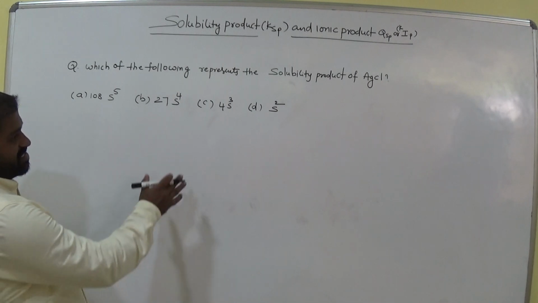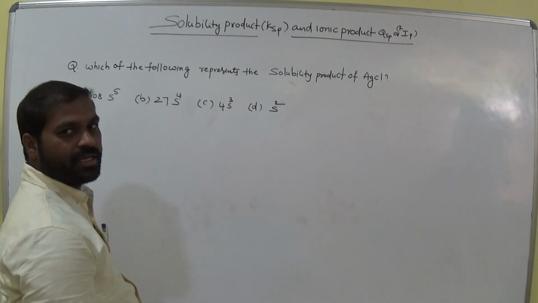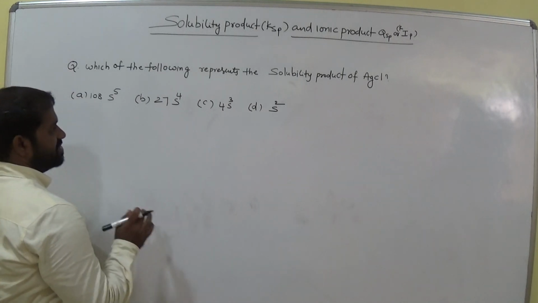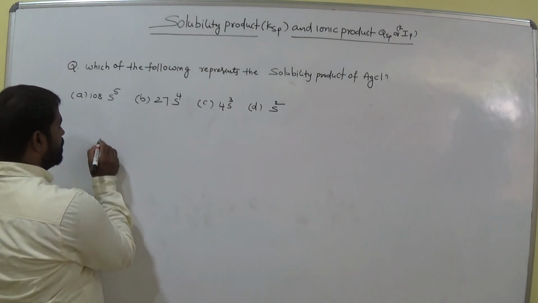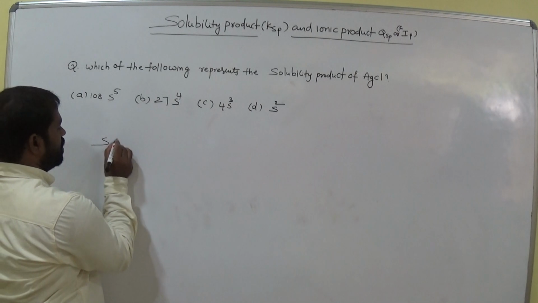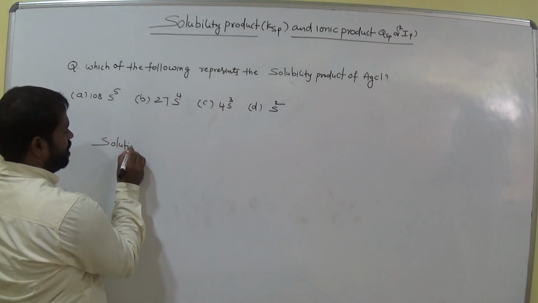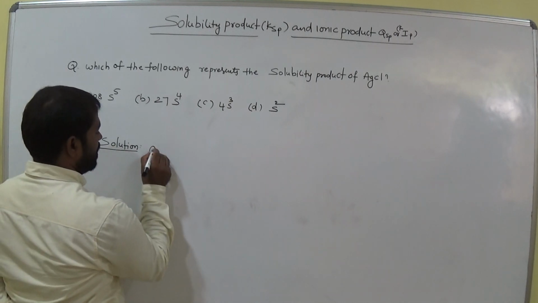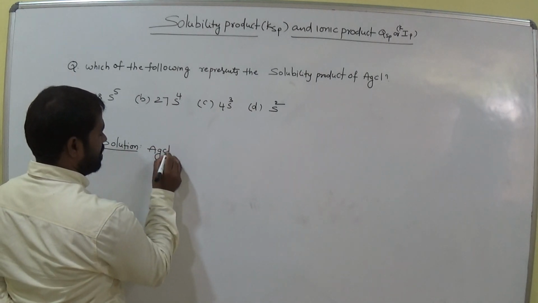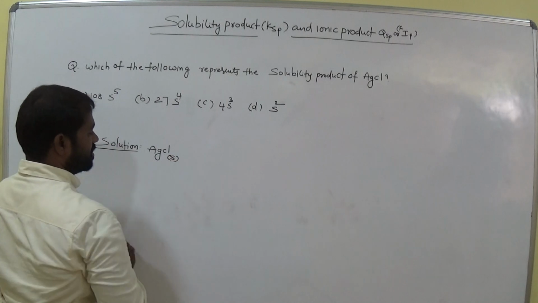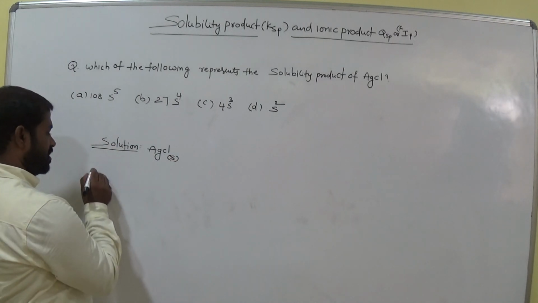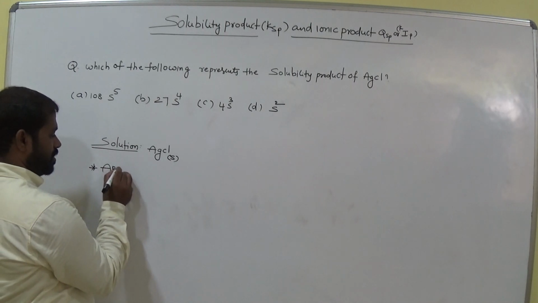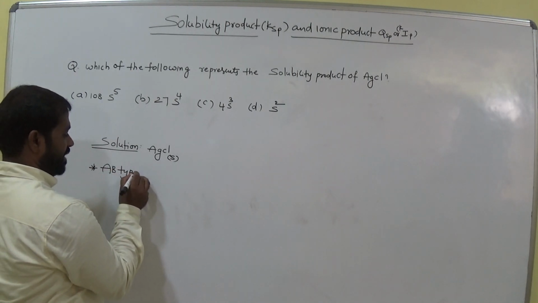So can you guess the answer? Let's see. What is the given compound? The given compound is AgCl, a sparingly soluble salt. It is clearly an AB type salt.